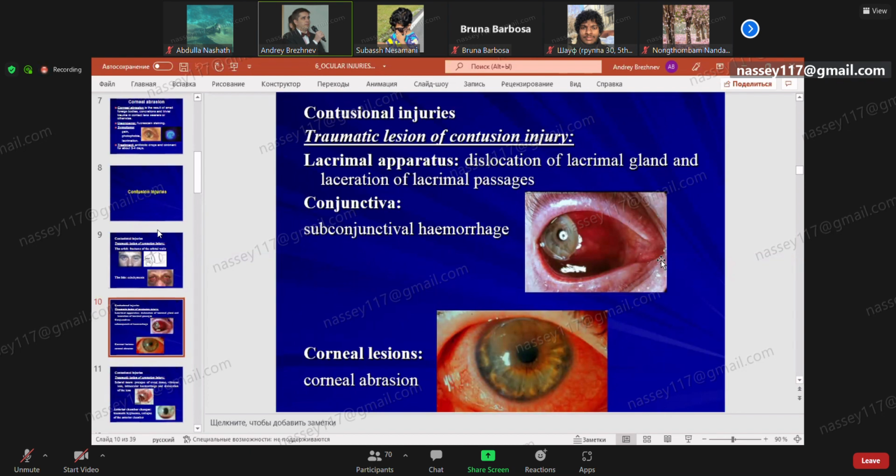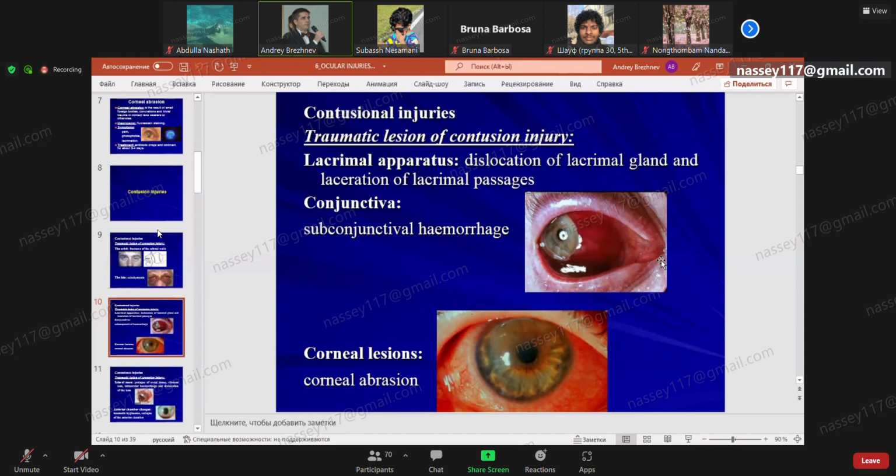In this case, it's necessary to exclude more severe damage of the inner structures, for example, scleral rupture, because through this blood you can't see the surface of sclera, and it's difficult to understand whether there is only isolated superficial trauma or rupture of the globe with the scleral tear.